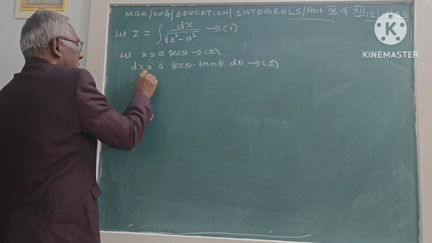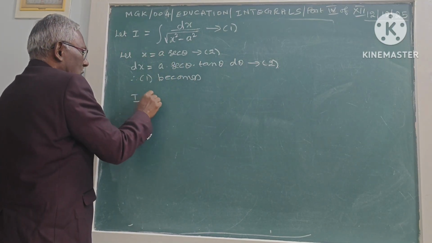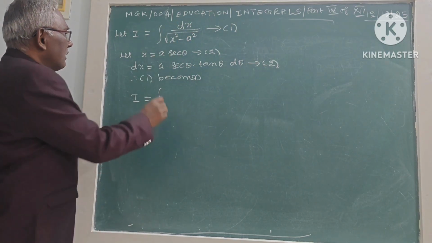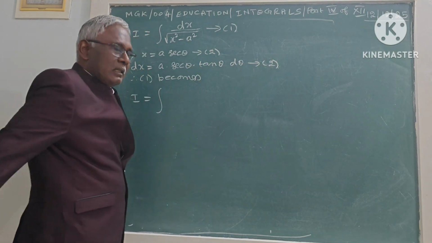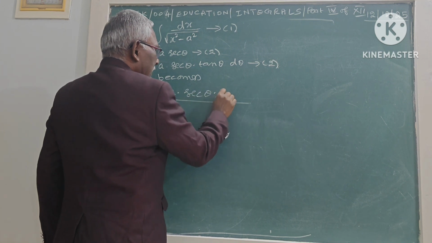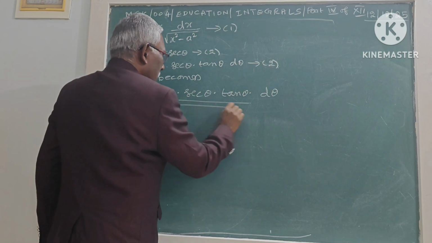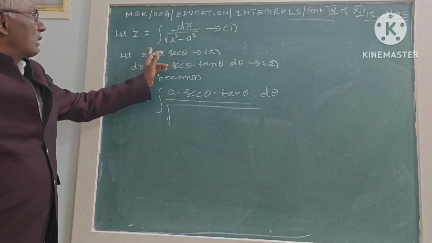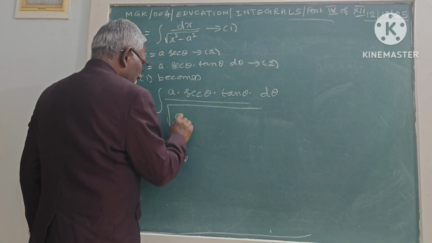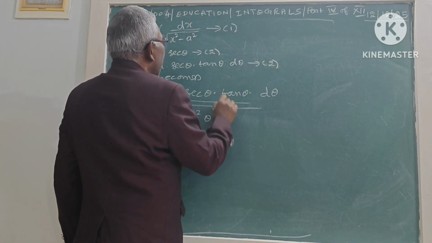Therefore 1 becomes I is equal to integral dx, which is a secant theta tan theta d theta, by the square root of x square minus a square. X is a secant theta, x square is a square secant square theta, minus a square.